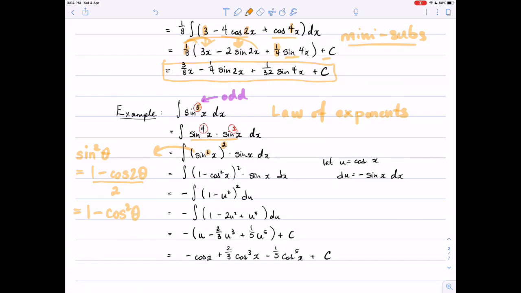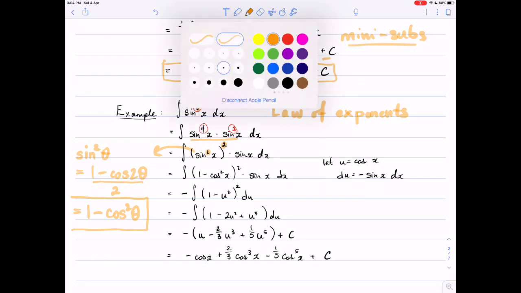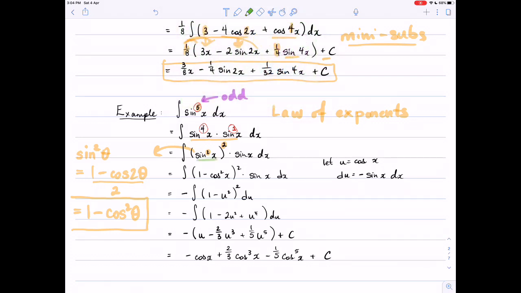Both of those are true. And I am choosing in this instance to use a different one. So that the sine squared, this time I'm going to replace by 1 minus cos squared, not by 1 minus cos 2 theta over 2.